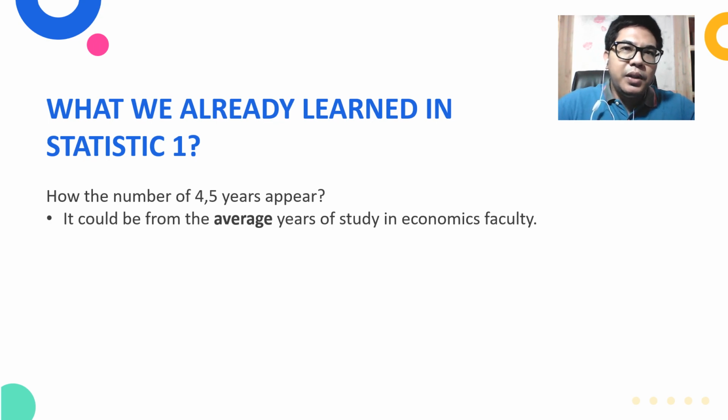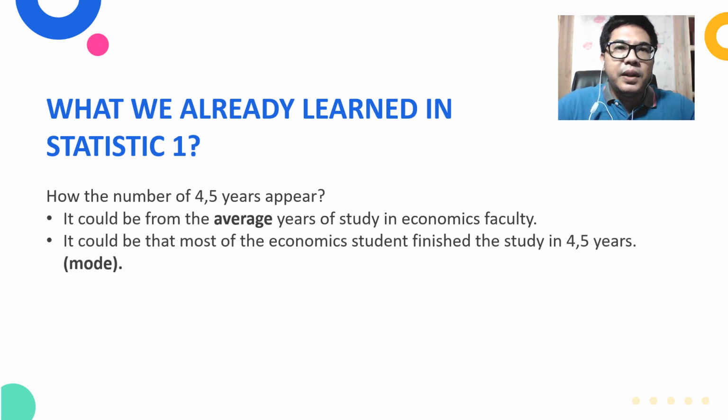Or second, maybe when you attended your friend's graduation ceremony in Graha Unsud, you saw the students sitting in ordered chairs, where the first row is for very smart students who finish their study in less than 4.5 years, the second to fifth rows are for students who finish in 4.5 years, and the sixth and seventh rows are for students who finish in more than 4.5 years.